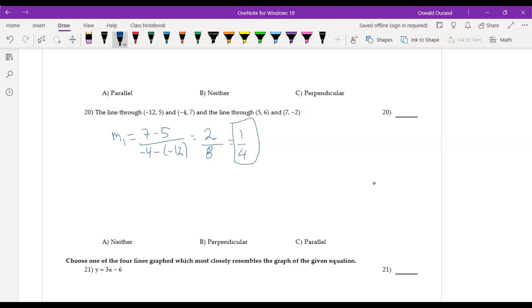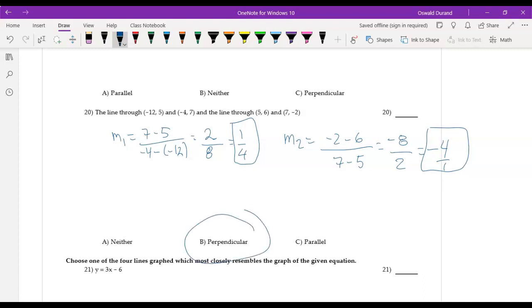Okay, so m2 should be equal to negative 2 minus 6 over 7 minus 5. So that's negative 8 over 2. That gives us negative 4. That's it, right? So opposite, is it opposite of 1/4? Yes, it's negative. What is the reciprocal of 1/4? Yes, it's 4. 4 is the same thing as 4 over 1. So yeah, it is perpendicular.